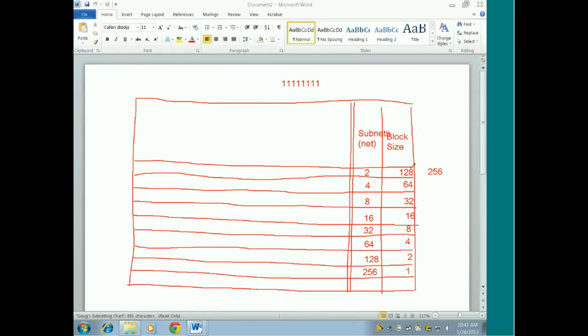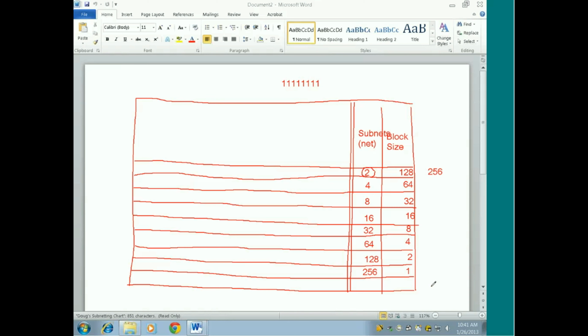So if I cut this block size, divide this number by 2, what is that? 128. How many networks am I going to have with a block size of 128? 2. Because 128 plus 128 equals 256. How many networks with a block size of 64 am I going to have? 4.